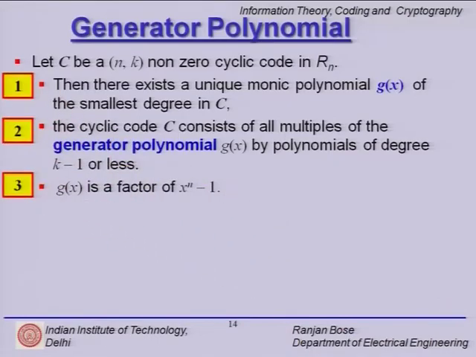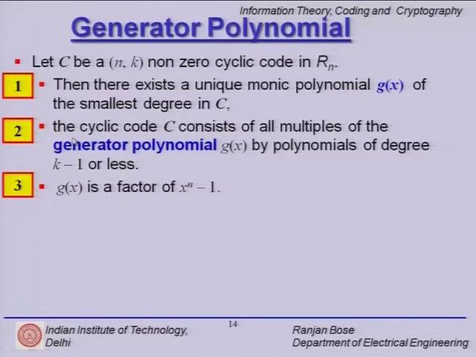So, let us look at these 1, 2, 3 properties, and we will try to see whether we can prove them quickly, and we will look at it intuitively. So, number 1, there is a unique and monic polynomial g of x of smallest degree.